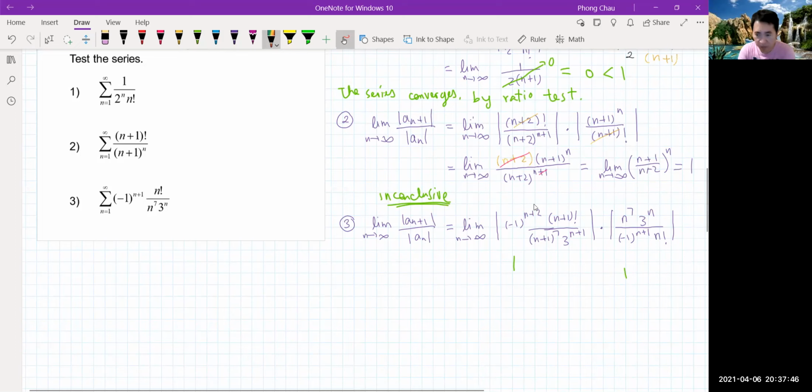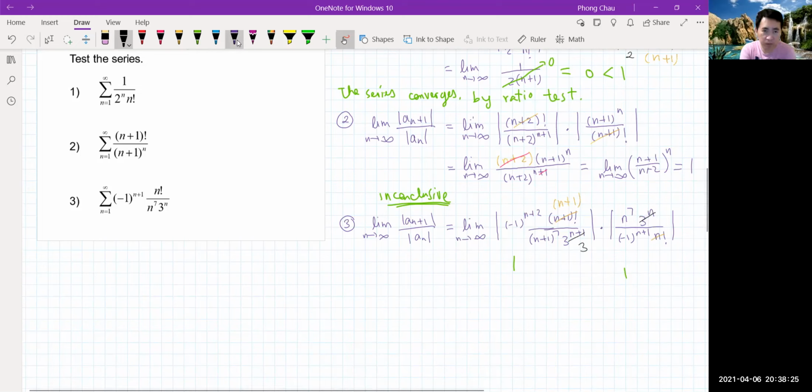You see the (n+1)! and n! here, so these will also cancel, and that's left with n plus 1. And what else do I have? 3^(n+1) and 3^n, we could also cancel. What's left? There's a 3 left on the bottom here.